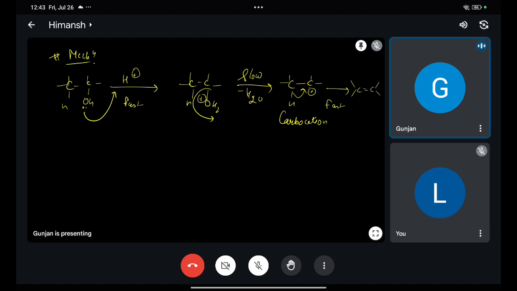So whenever one species is deficient of electron, another species have lone pair, definitely it will donate the electron to H positive. Then oxygen got a positive charge because oxygen donated those electrons. Now, oxygen will take both the electrons of the bond to get neutralized. After that, carbon got a positive charge, this is carbocation.